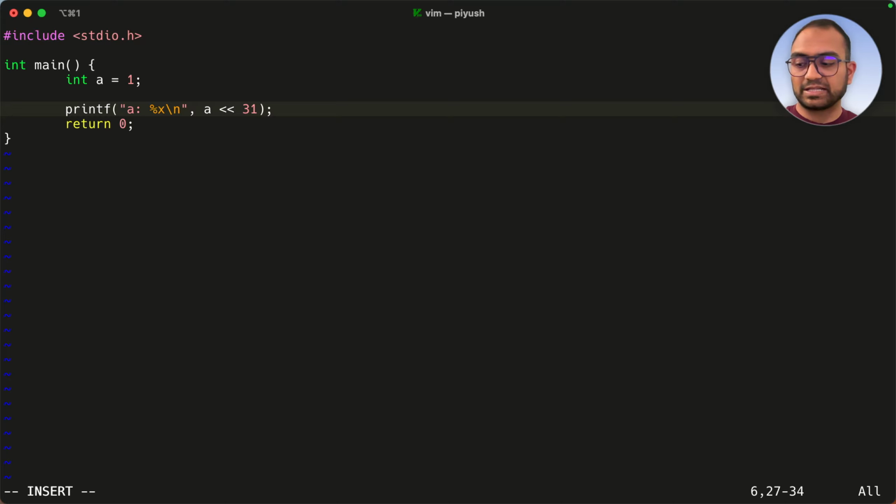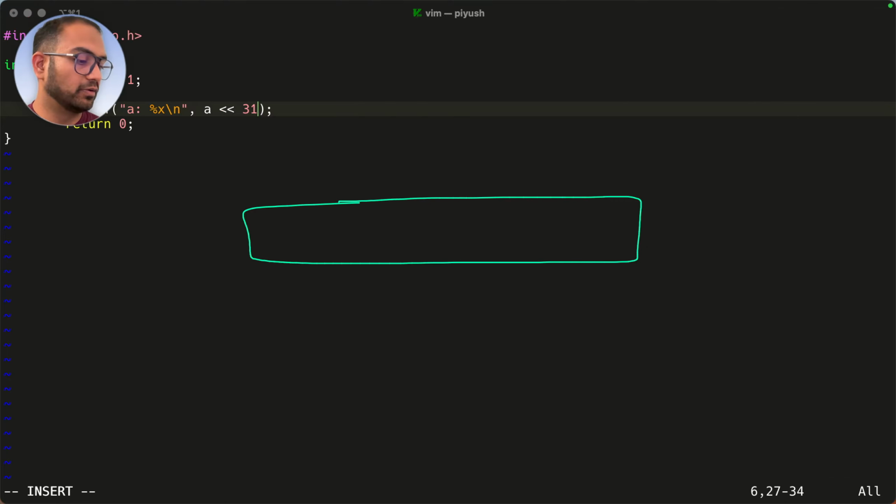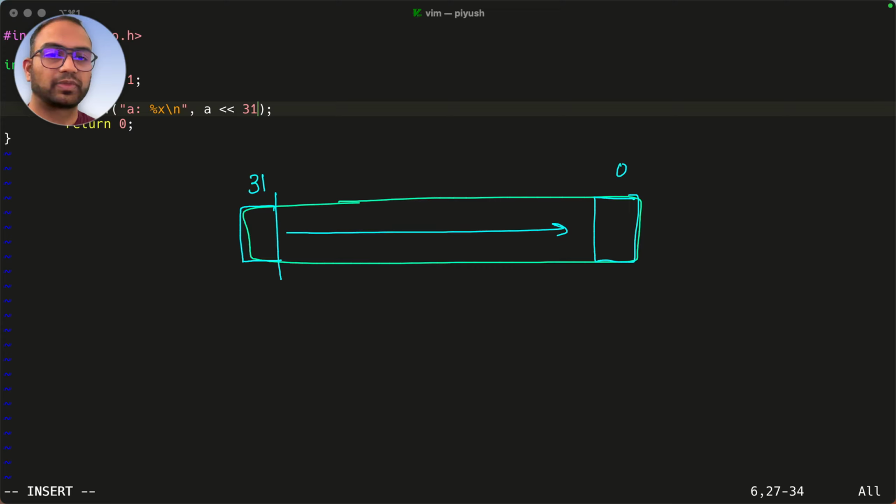And just as a quick reminder, yesterday we looked at this: if we have a 32-bit integer, we have places 31 down to 0, with 0 being the LSB and 31 being the MSB.